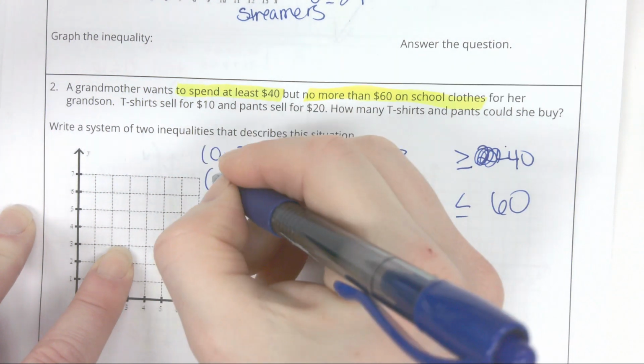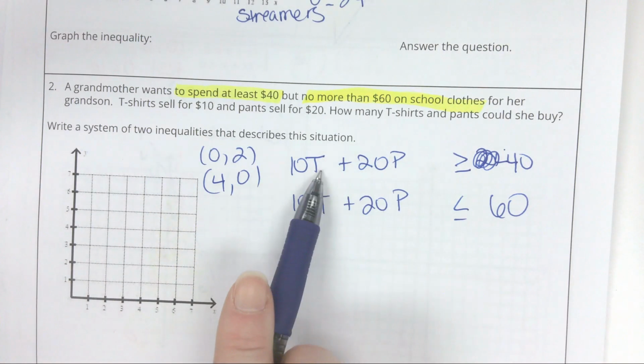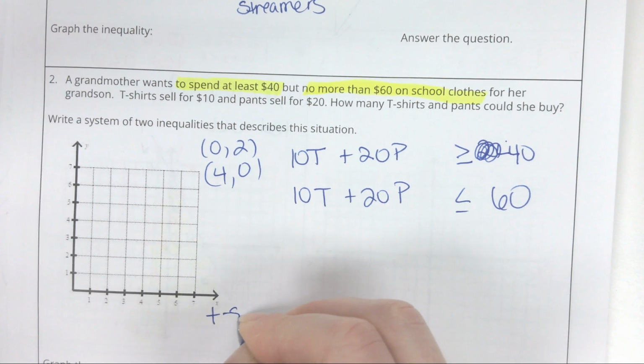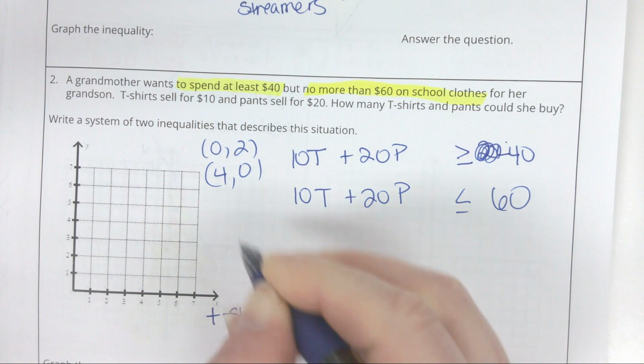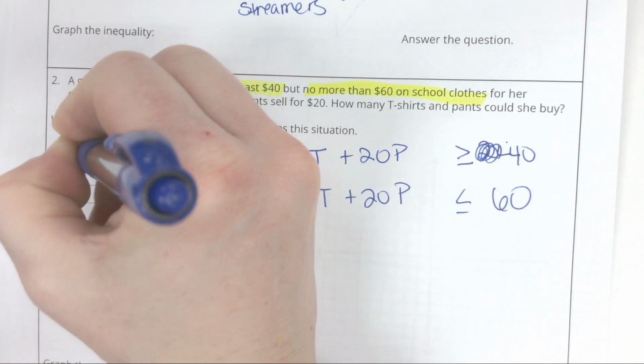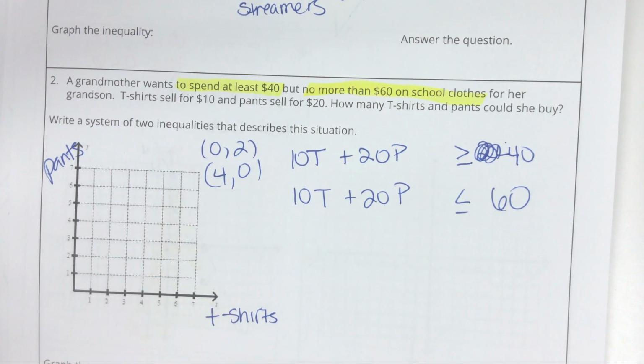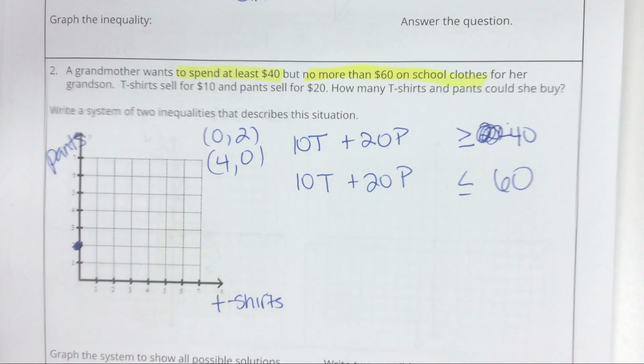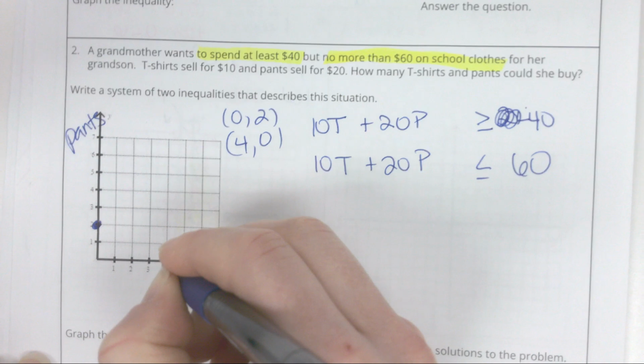Okay, and then I'm going to pretend my 10 is like my X, so I'm going to put t-shirts down here and pants up here. So we have 0, 2, and 4, 0.